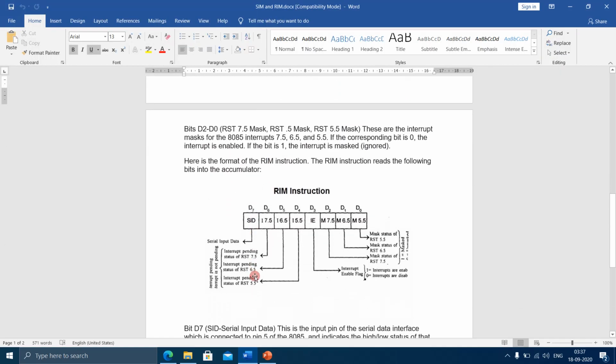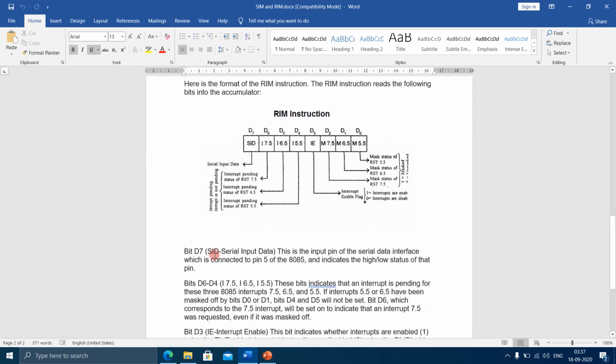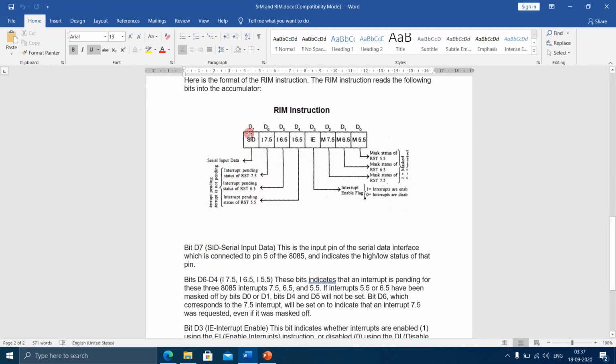When we talk about bit D7, this is the input pin of the serial data interface, which is connected to pin 5 of the 8085 microprocessor. In the 8085 pin diagram, pin number 5 is SID, serial input data. So it is used to read the contents from that pin and store it in the D7th bit.